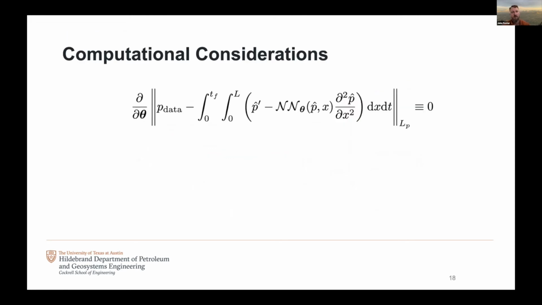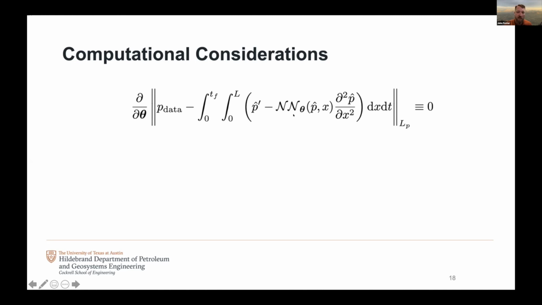When we're talking about this kind of SciML, there are some pretty key computational considerations that come up. If we have a neural network that represents some part of the constitutive model, this would be the pressure diffusivity equation, where the mobility is unknown. We're going to plug in a neural network and try to learn the physics of the problem, the constitutive model.